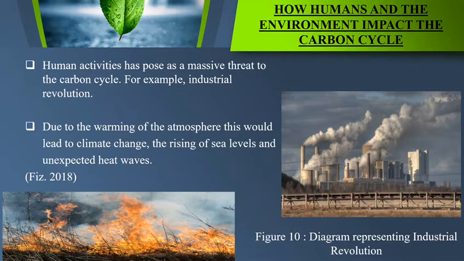Now, this climate change can also affect organisms, because droughts may happen, and these droughts may cause plant life to die, and if plant life dies, then carbon dioxide is not as readily removed from the atmosphere.